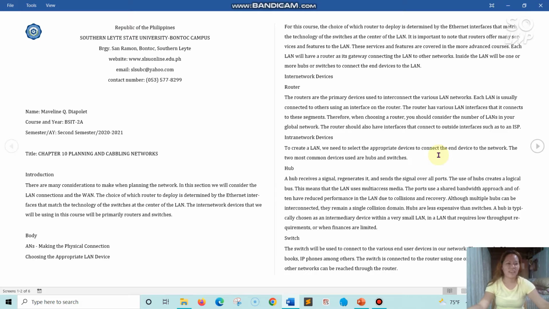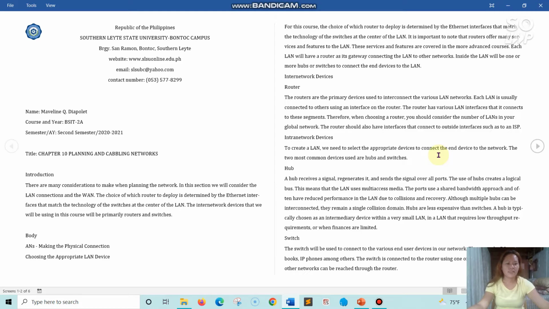The use of hubs creates a logical bus. This means that the LAN uses multi-access media. The ports use a shared bandwidth approach and often have reduced performance in the LAN due to collision and recovery. Although multiple hubs can be interconnected, they remain a single collision domain.